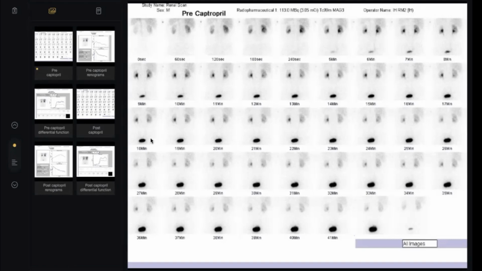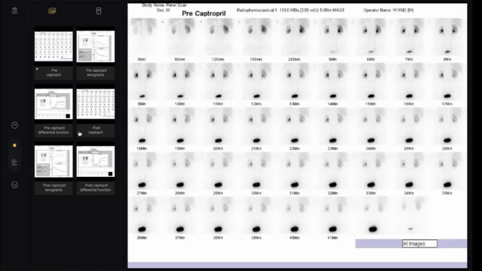So we can consider the complete excretion and the clearance in the right kidney at 19 minutes. Okay, but follow the left, where I think till here no complete excretion. See my colleague, the complete excretion, complete clearance occurs here in 38 minutes.